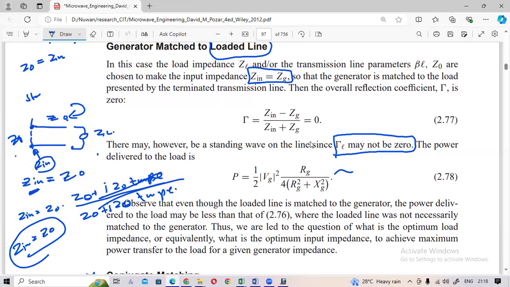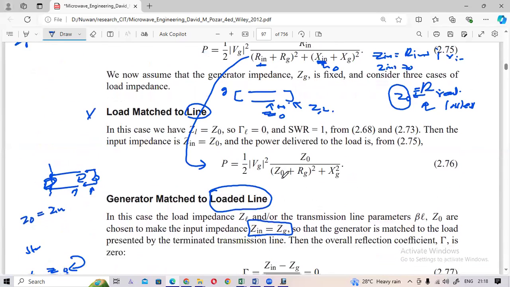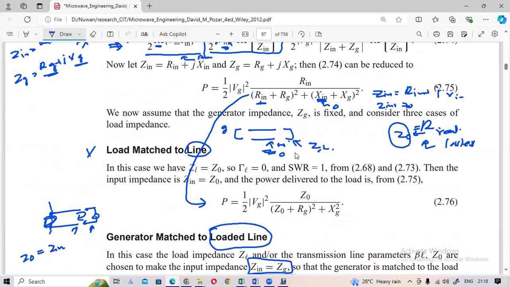It's still not total power delivered to the load. Okay. So here you have another value. Here, R in is equal to Rg, because you are going to map this Z into the generator.